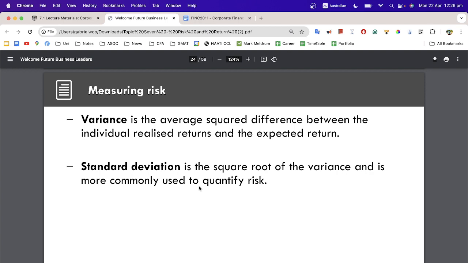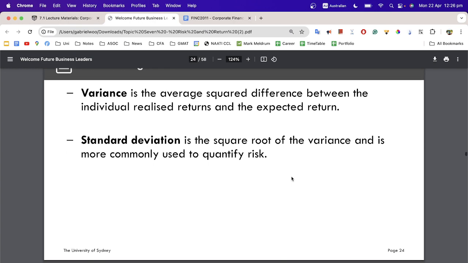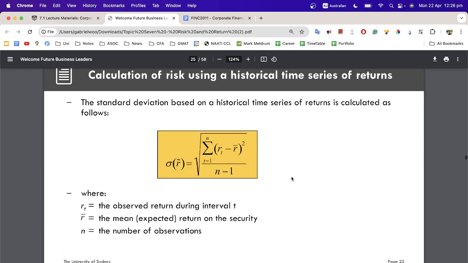Risk measures the volatility, how far the actual outcomes stray from your expected outcomes. Variance shows the squared difference between the actual outcomes and the expected outcomes. So variance is literally risk by definition, and standard deviation is just the square root of variance.